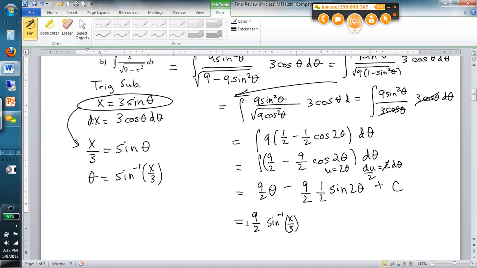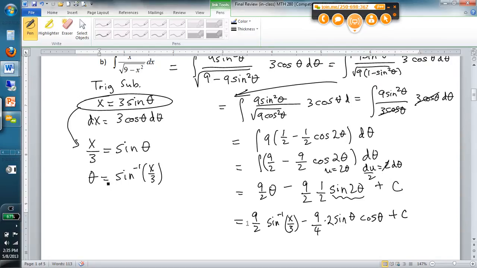Now the other thing is this one, 9/4. What are we going to do about sine of 2 theta? Well, remember we can write the double angle as 2 sine of theta cosine theta. Can I get sine of theta and cosine of theta from the little triangle here?